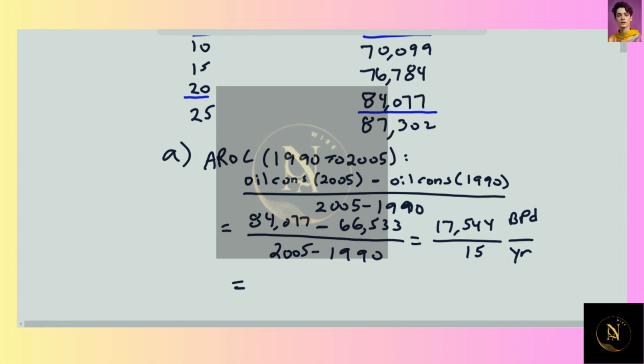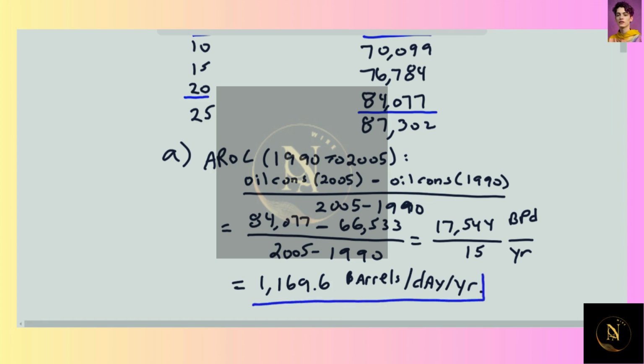And so when I divide that by 15, so that is 1,169.6 barrels per day per year. So there's the average rate of change between those 2 years.